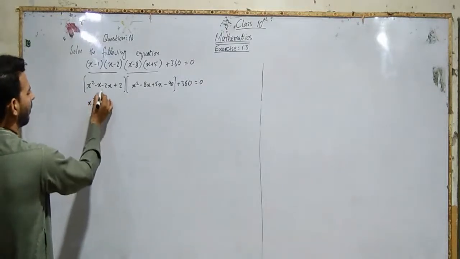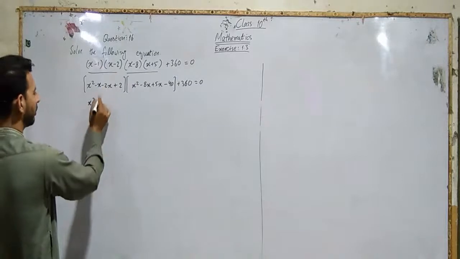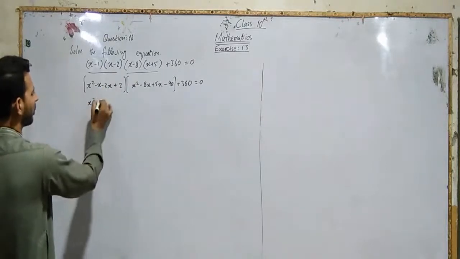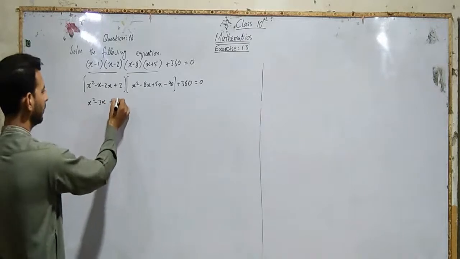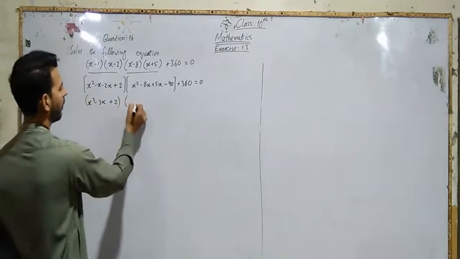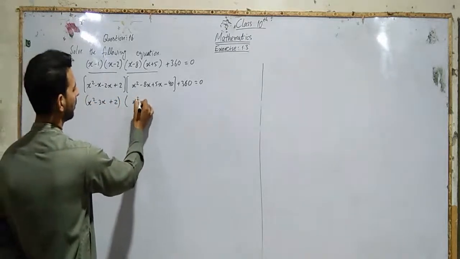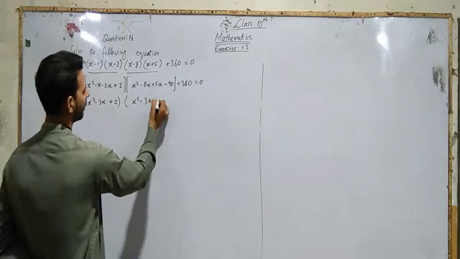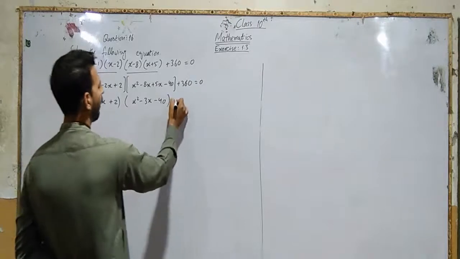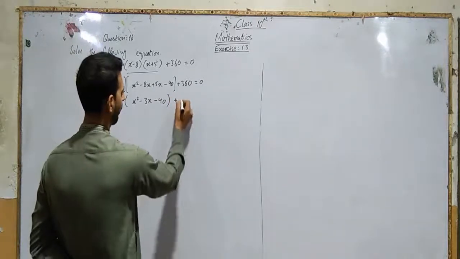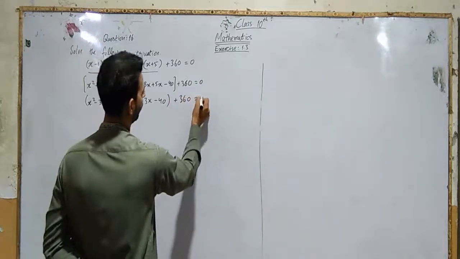Students, now we will solve this. x square minus 3x plus 2, then x square plus 3x minus 40... correcting, x square minus 3x plus 2, then x square minus 3x minus 40, plus 360 equals to 0.